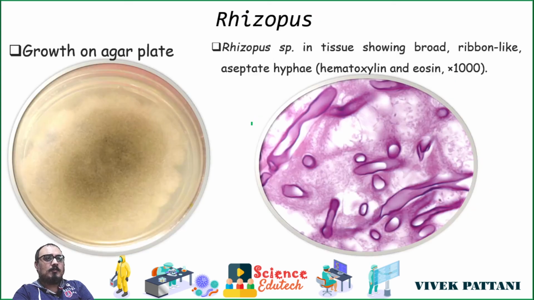Let us see some photographs of the pathogens involved in mucormycosis. Rhizopus growth on an agar plate, and this photograph is of a Rhizopus species in the case of mucormycosis, showing broad ribbon-like aseptate hyphae, and the stain used here is hematoxylin and eosin.